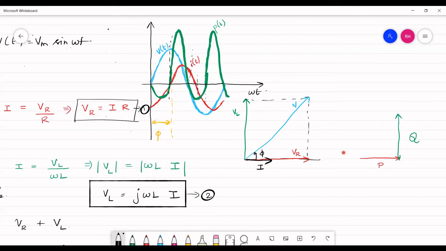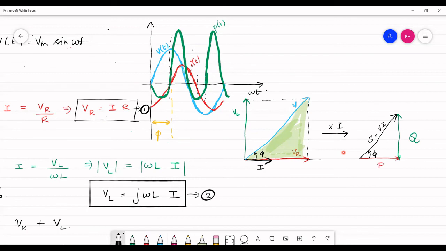And the total apparent power, you call it S, which is V into I. I have proportionately multiplied this triangle with a value I, and I have drawn this triangle.